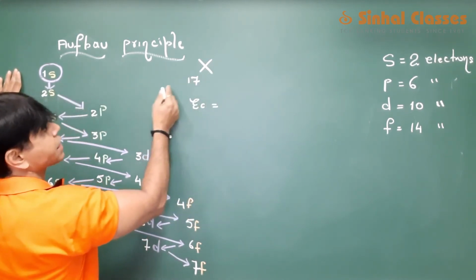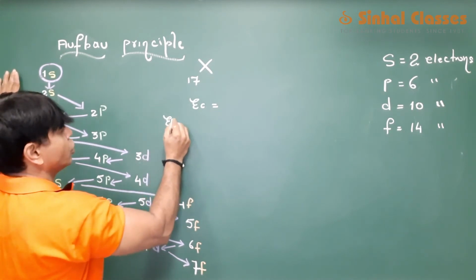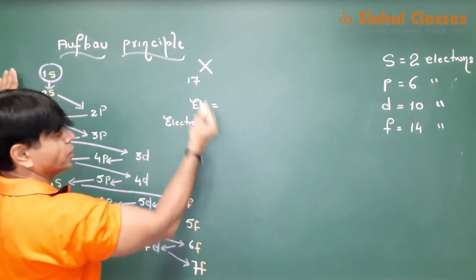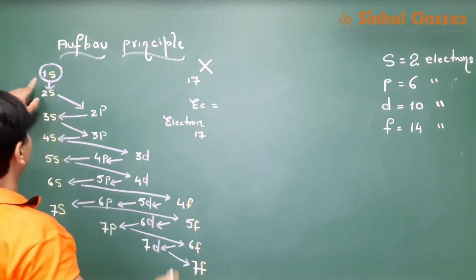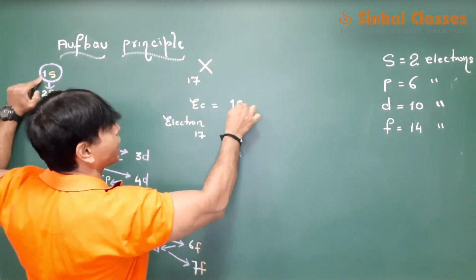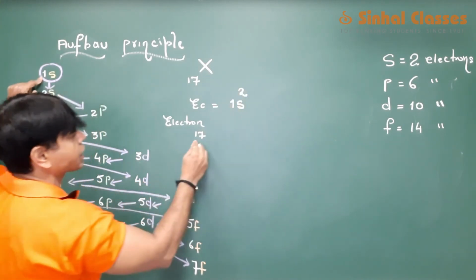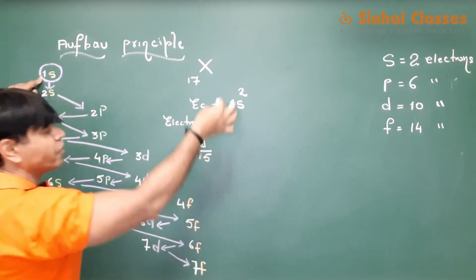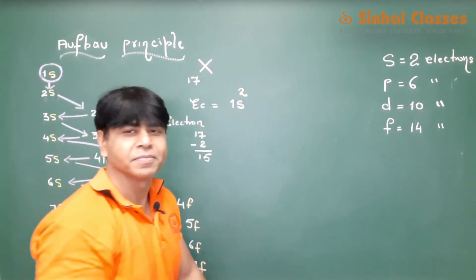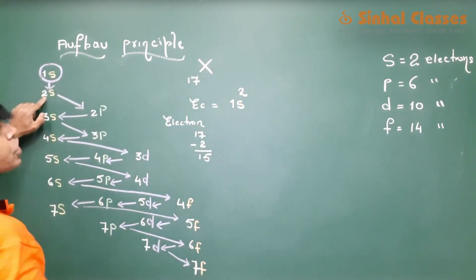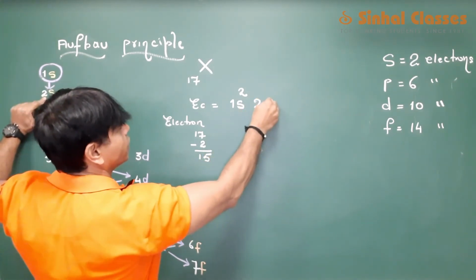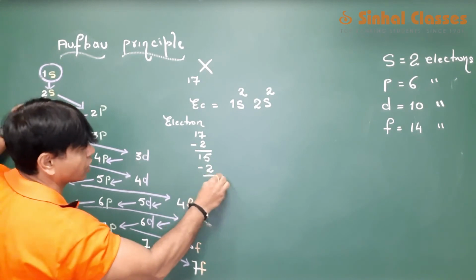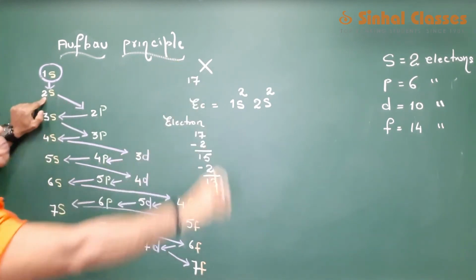I have total 17 electrons. Now start. The first orbital 1s will accommodate 2 electrons. So, 2 electrons gone from here. So, 15 will remain. Now the next is 2s. 2 electrons gone more. So 13 electrons remain.